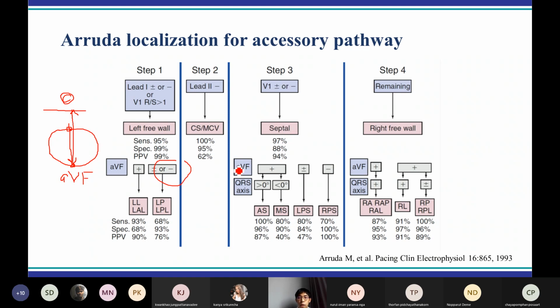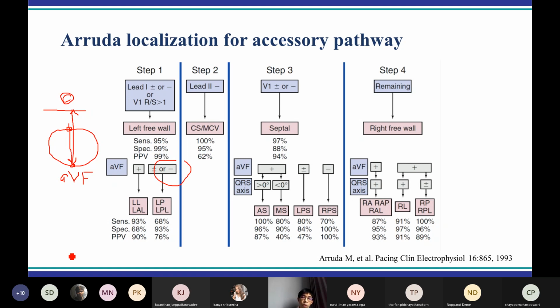After that, we use the AVF to classify further whether it is anteroseptal, midseptal, left posteroseptal, or right posteroseptal. And step 4, the remaining, all of which is not consistent with the 3 steps before, would be in the right free wall.